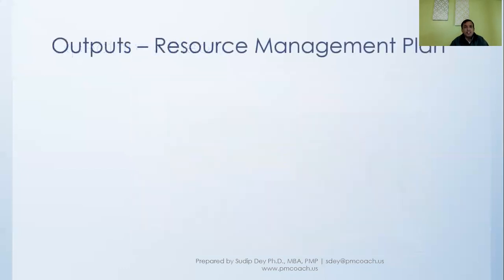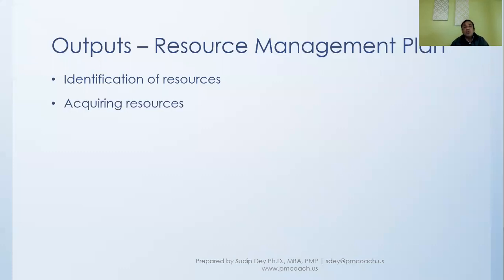Now, in this plan resource management, we'll have two key outputs. One is the plan itself, the resource management plan. Over here, we'll have identification of resources, basically what method we'll use to identify the resources that will be required, the different types of resources required for the project.